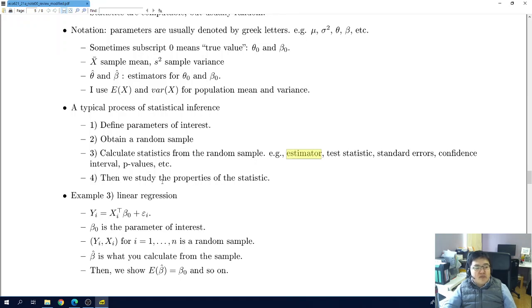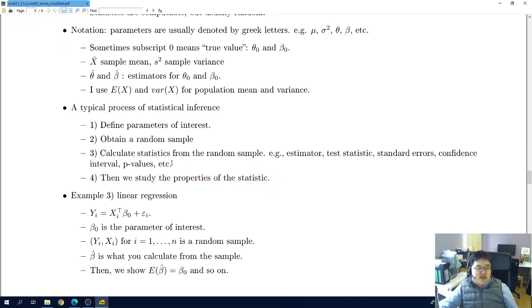So we need statistics theories to justify your method or evaluate how good you are. What is the potential error probability, what are the standard errors, and whether you can do better or not, something like that. So that's the final step.